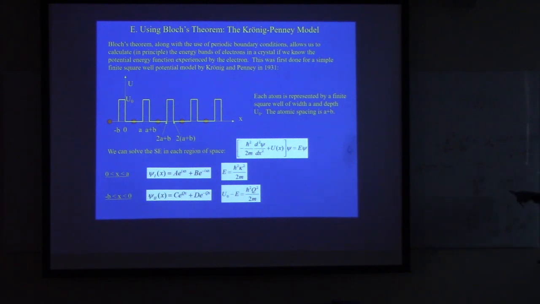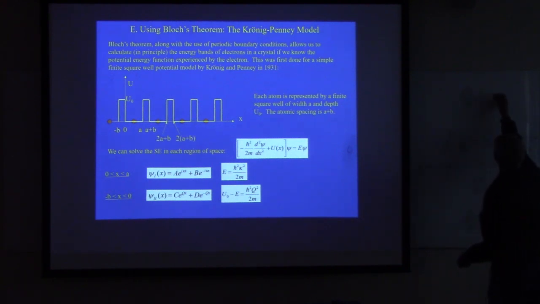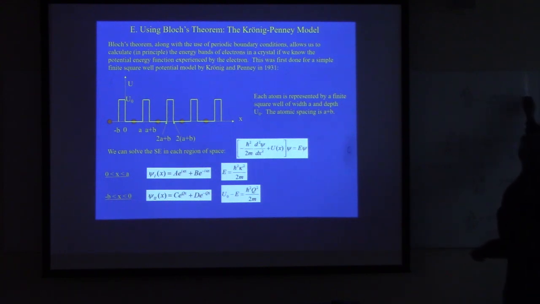But the only thing is then you get d squared psi over dx squared equals this u0 minus e, that's a positive term, right? So times you have all these things, plus 2m times u0 minus e divided by h bar squared psi.